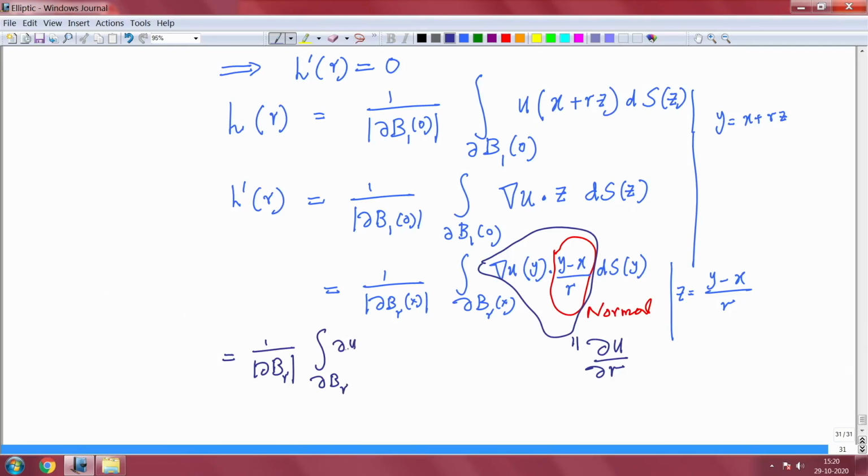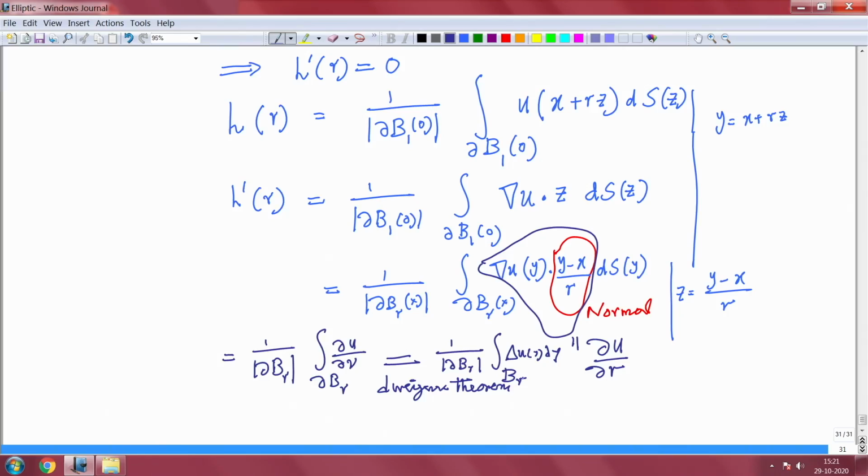du by dr. Now, apply your divergence theorem. Once you apply your divergence theorem, this will be 1 by modulus of the boundary of B r, integral of Laplacian u of y dy over your B r.